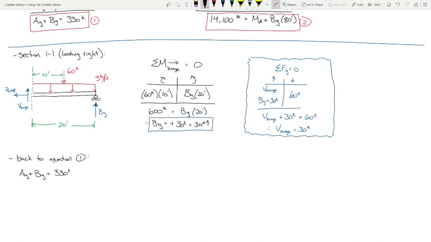So we'll say AY plus 30 is 330. So therefore, AY is positive 300. So there's this reaction. And then back to equation 2.